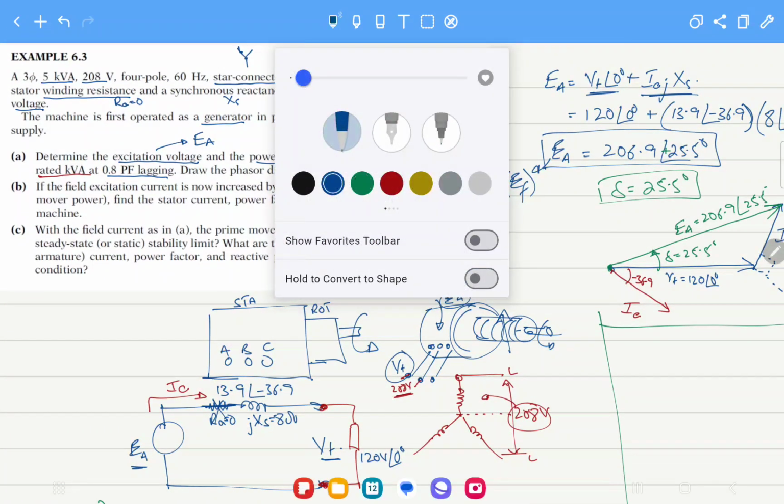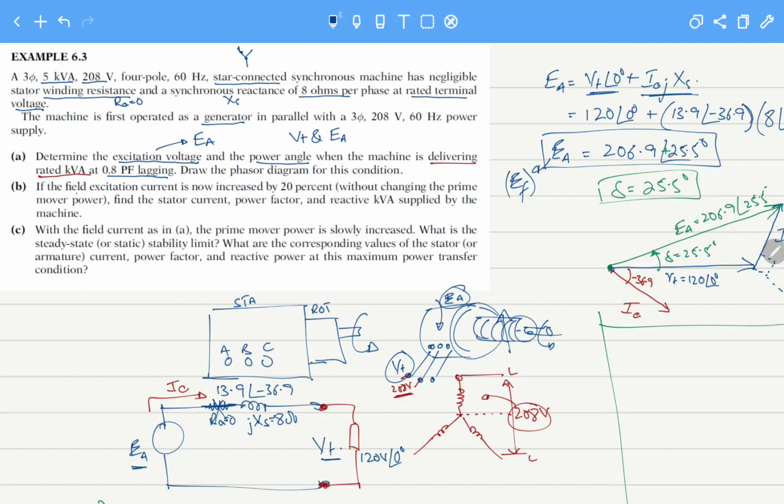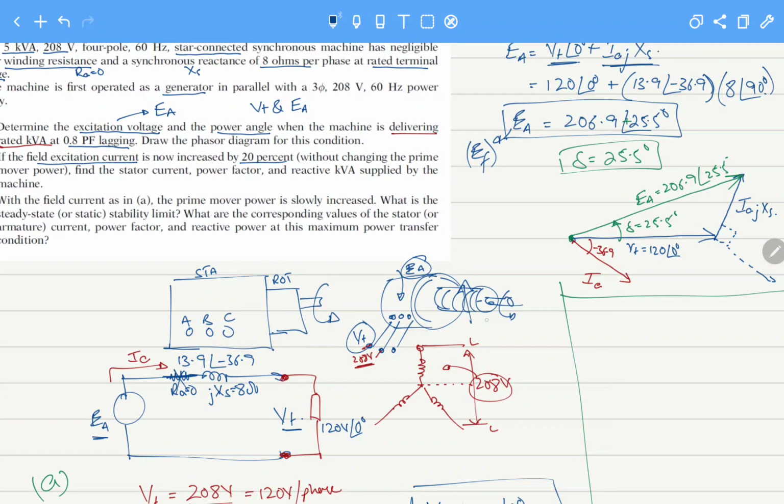Now the next part is talking about if the field excitation current is increased by 20%. This means that the current being supplied to our rotating part, that is IF, is increased by 20%. If it is increased by 20%, what will it increase?